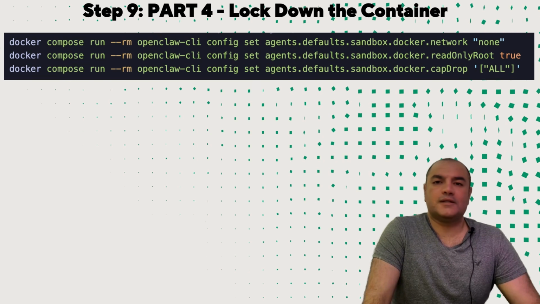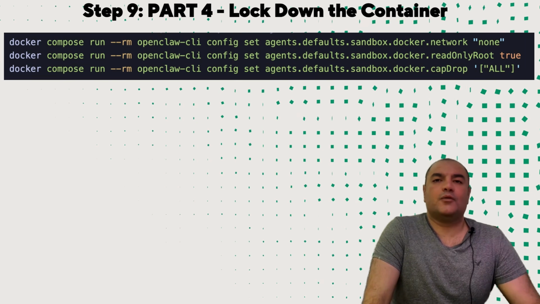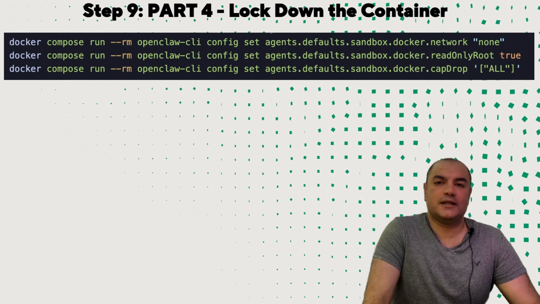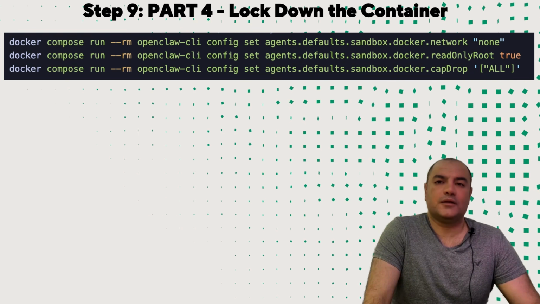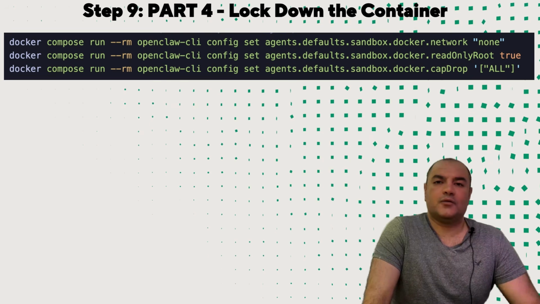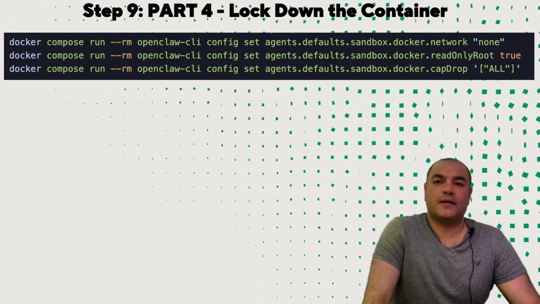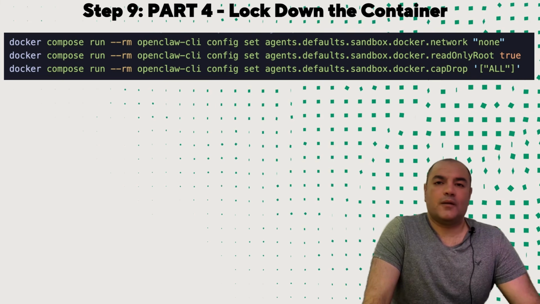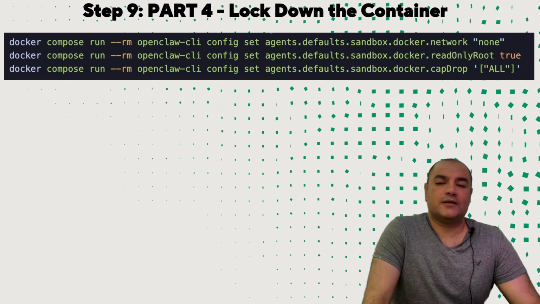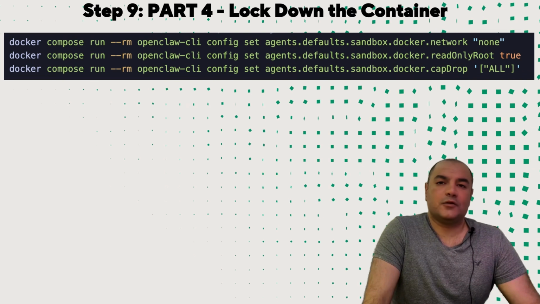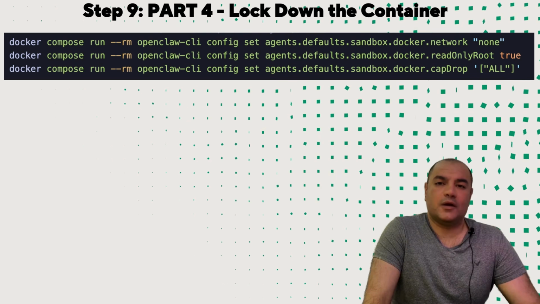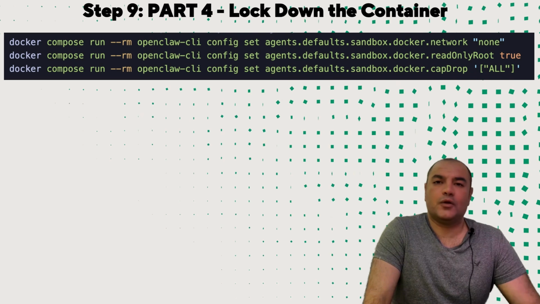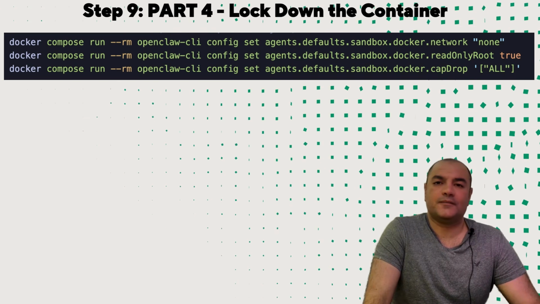Second line: docker-compose run --rm openclaw-CLI config set agents.defaults.sandbox.docker.read-only root true. Third line: docker-compose run --rm openclaw-CLI config set agents.defaults.sandbox.docker.capdrop '["all"]'.